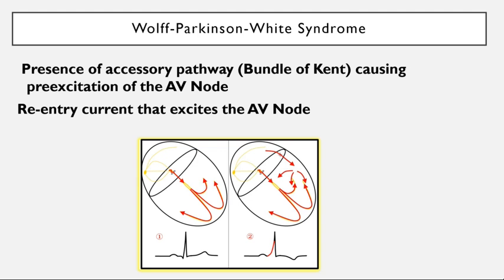The AV node is pretty normal, and then it re-stimulates the pathway, and a wide QRS contraction occurs, as seen in number 2. You can see that the P wave, which is the depolarization, is normal, right? You just don't have that lag to a QRS complex anymore.